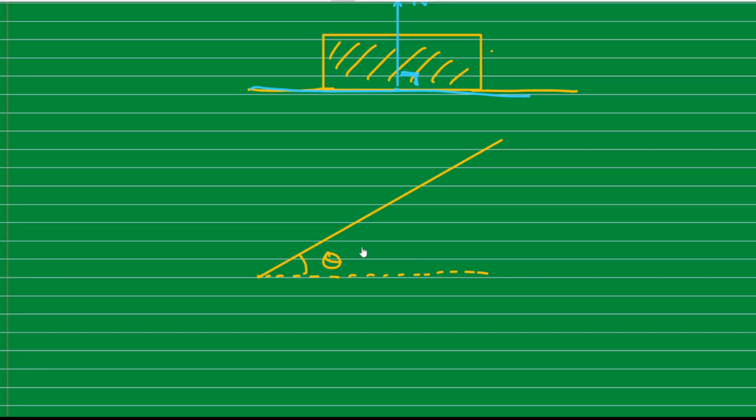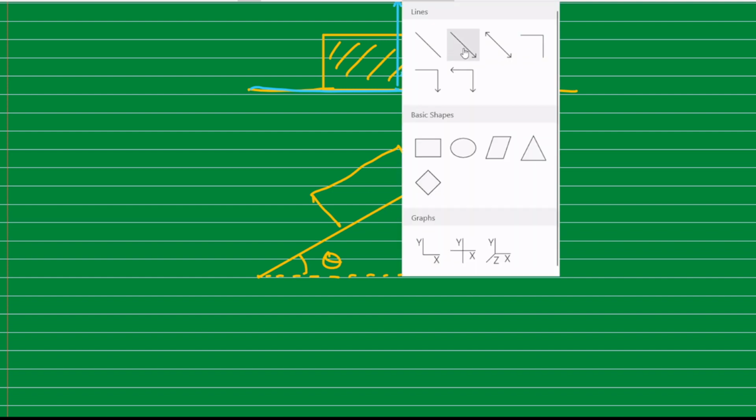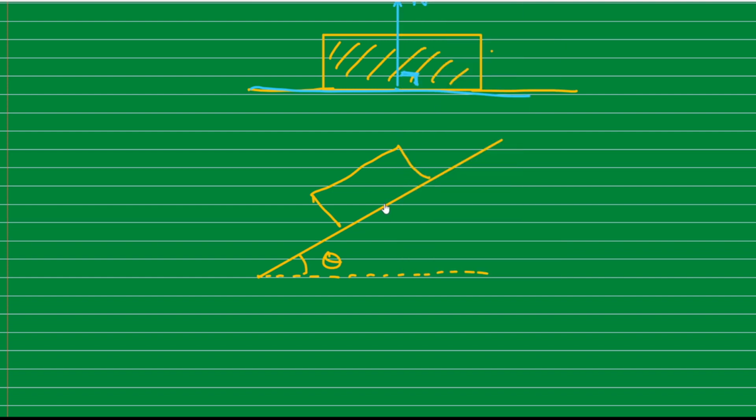If our object is on an incline and it's resting on a sloped surface like that, our surface is not horizontal, which means it is slanted at an angle. So what we need to realize as well is that our normal force will be acting at an angle of 90 degrees to the surface as well.